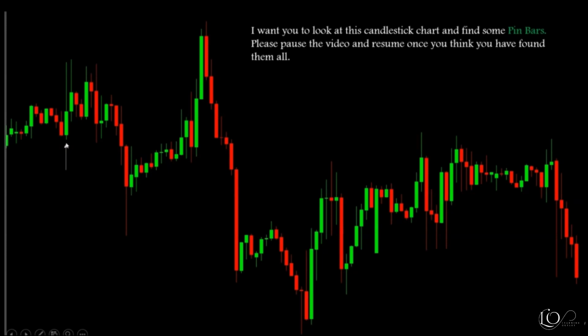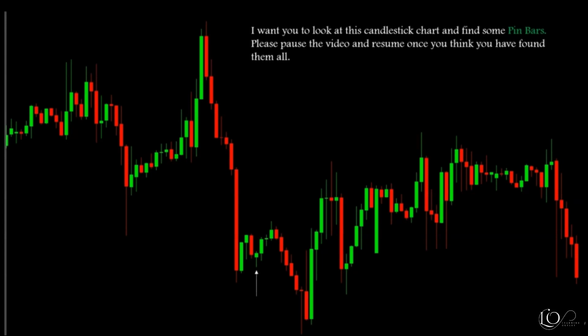Ideally, if the wick is very, very small, almost negligible, we could classify that as a pin bar. It looks more like a hammer because it has that lower wick. But then, if you note that the body itself is also pretty large, it doesn't really look like an inverted hammer. So this doesn't fall into the category. We're going to go through some more, and you'll see what I mean.